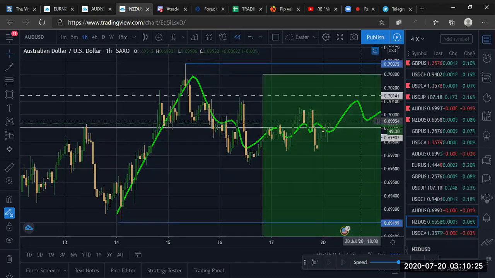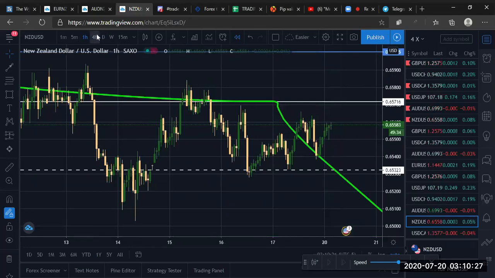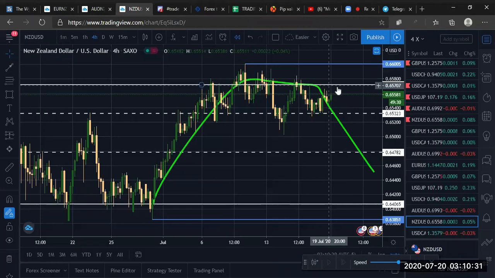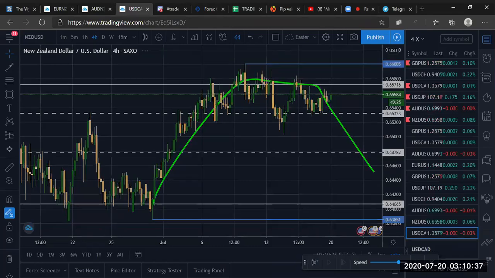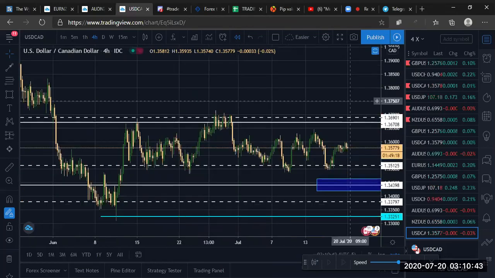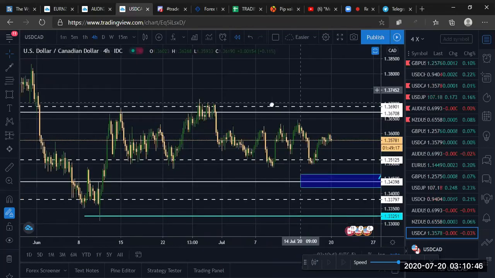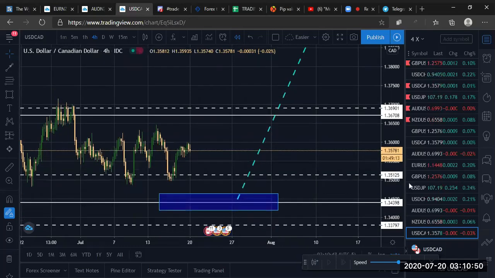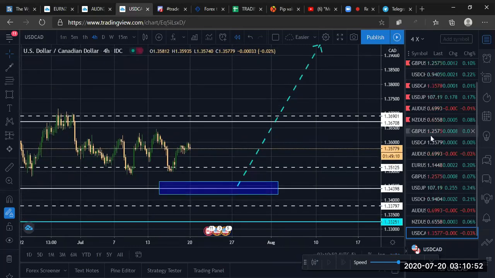NZD, I'm expecting a sale, but I'm not ready for a sale just yet. I have to dig into my charts to mark them off and get them ready. And USD CAD, I want the down move for the up move, and that's what I'm expecting.